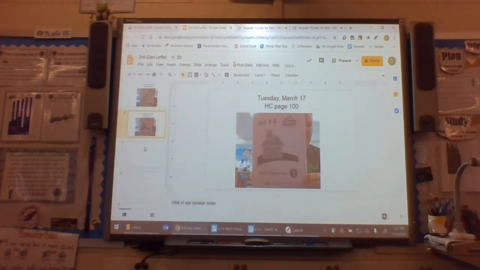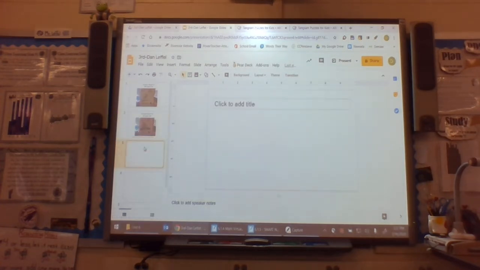Now, what we have to do is add a brand new slide. If you already have them there, perfect. But if you need to add a slide, very simple, click on the word slide, click on new slide, and it will show up there. All you have to do is click and add the dates, but also what the homework or the student book page is.